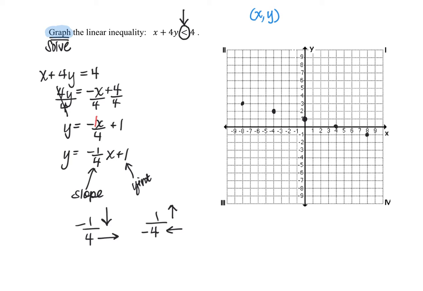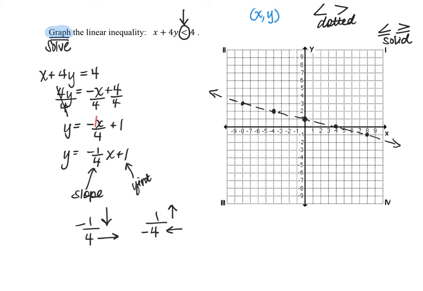So that less than sign is going to cause us to make this a dotted line. So just do your best to make this dotted or dashed rather than solid. If it is going to be less than or greater than, then you will always have a dotted graph. If it is less than or equal to, greater than or equal to, is when you will use a solid line.